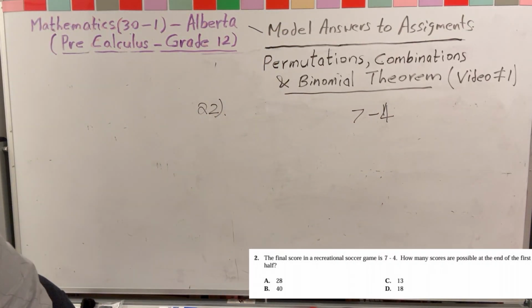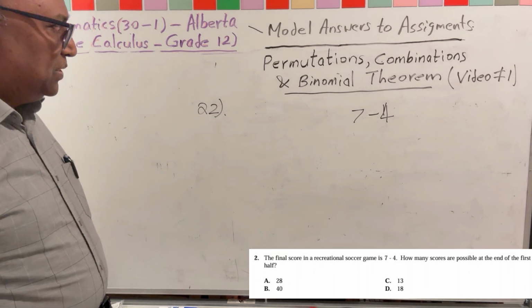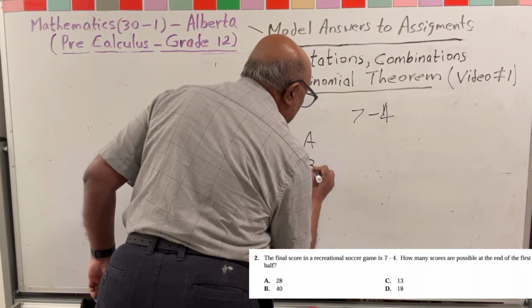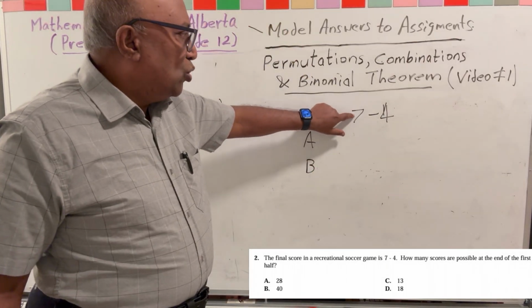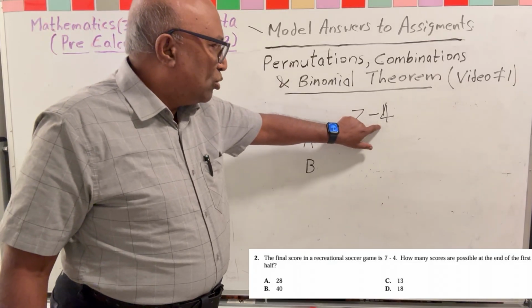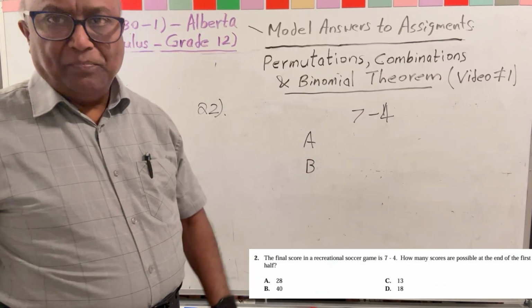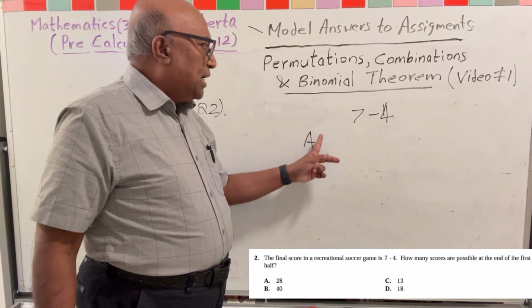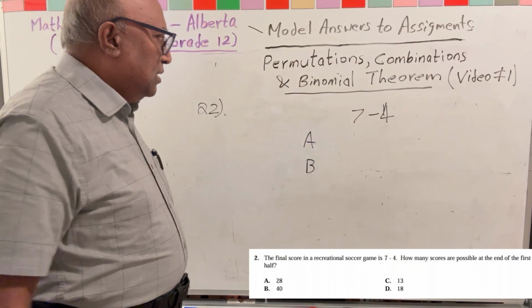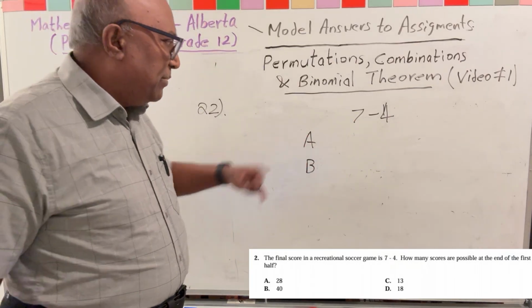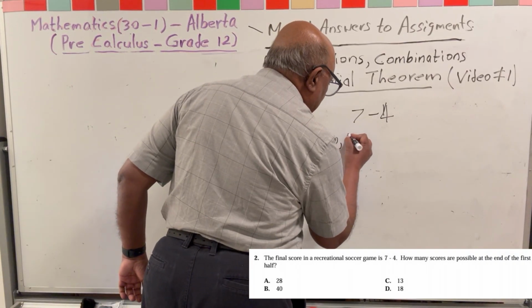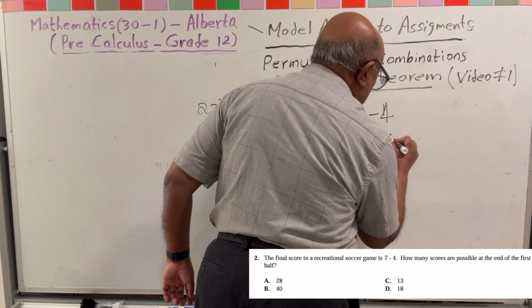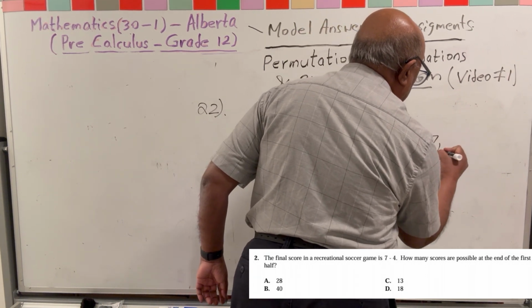This is also related to the fundamental counting principle. Let's say those two teams are A and B. Let's say 7 is the score of team A, and 4 is the score of team B. According to these results, what are the options for getting 7? The score may be 0 also, no? That means A can get any score from 0, 1, 2, 3, 4, 5, 6, 7.